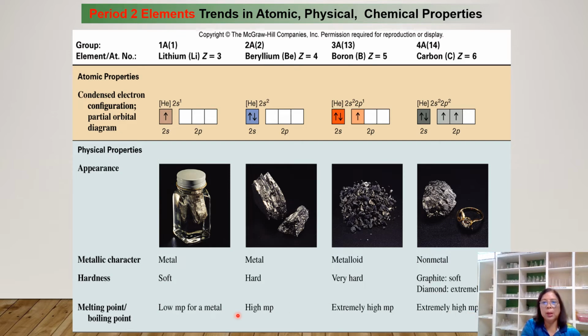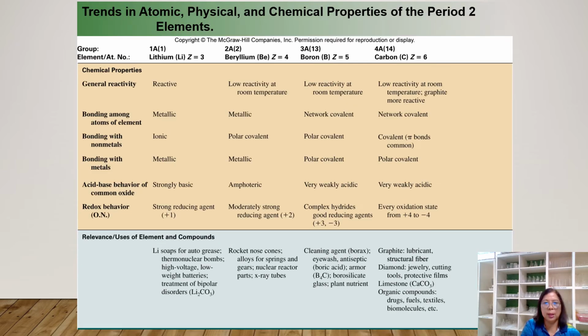So generally the melting point is very high. Okay. There are some literatures that also supply the figure or the number for the temperature for each of these elements if you are interested.